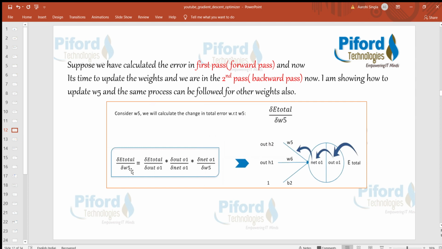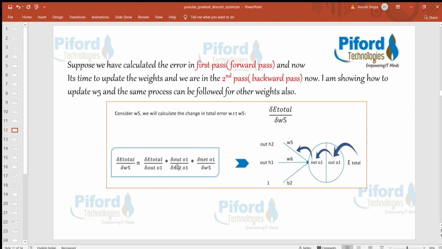The derivative of E total by the derivative of W5 can be divided into parts: the derivative of E total by the derivative of out o1, the derivative of out o1 by the derivative of net o1, and the derivative of net o1 by the derivative of W5. We multiply all these components together, and when we multiply them we get the derivative of E total by the derivative of W5.